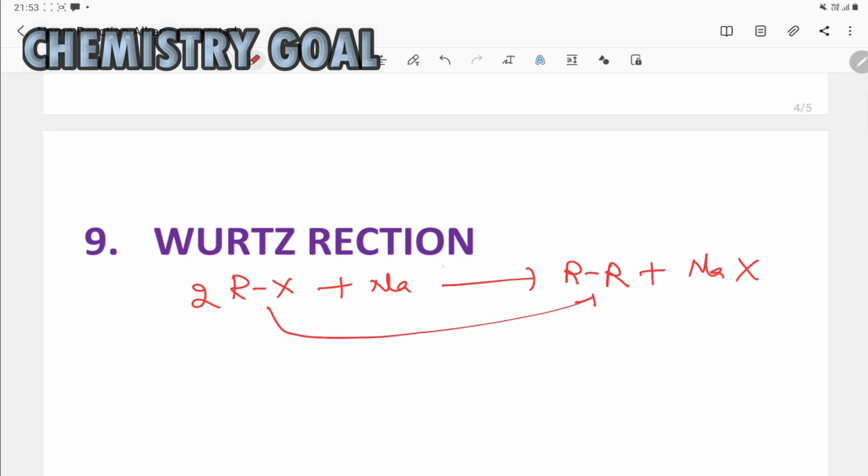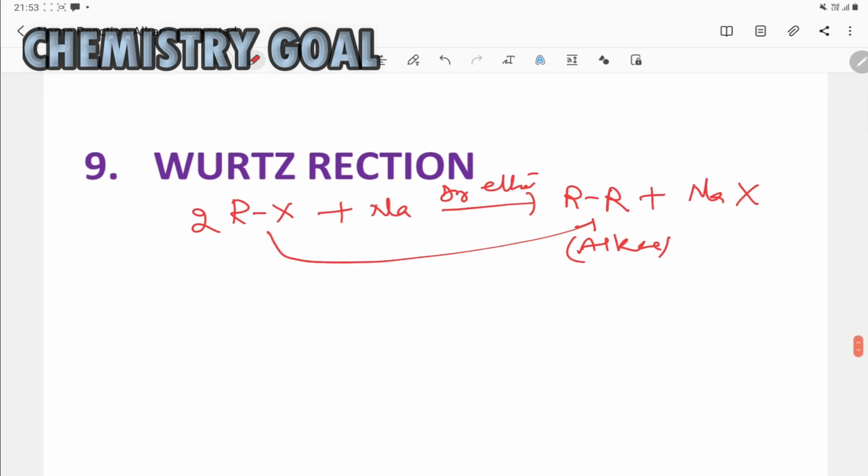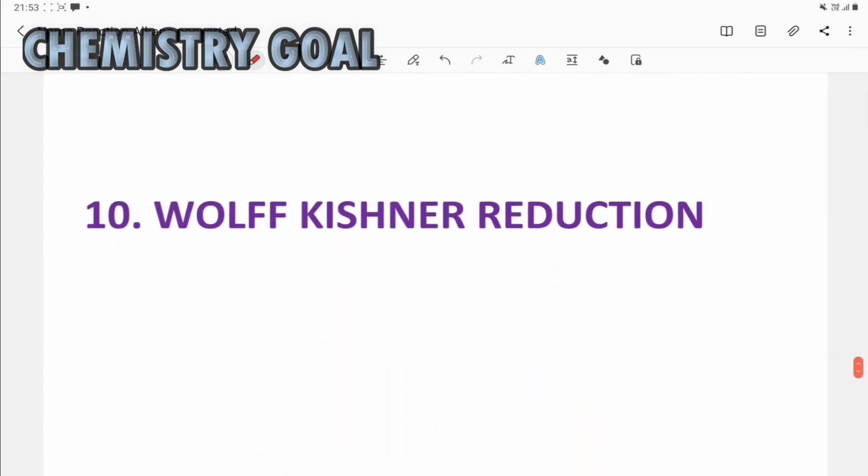But the condition is that dry ether is used as a solvent. So in ethereal medium, sodium reacts with haloalkane forming alkane. This reaction is called the Wurtz reaction, formation of alkane from haloalkane.